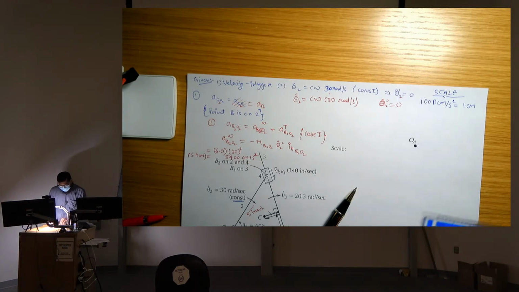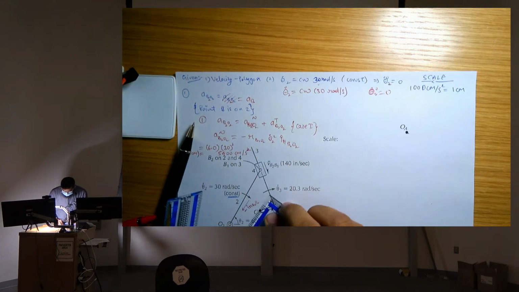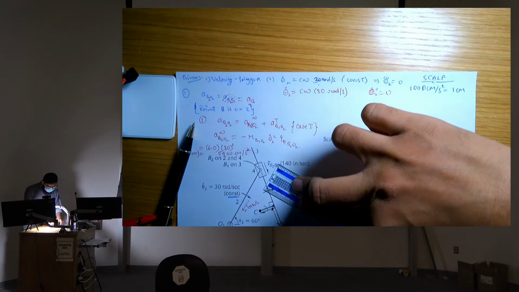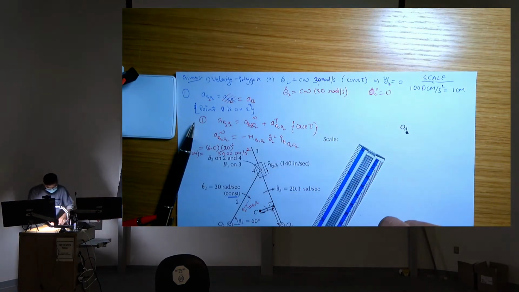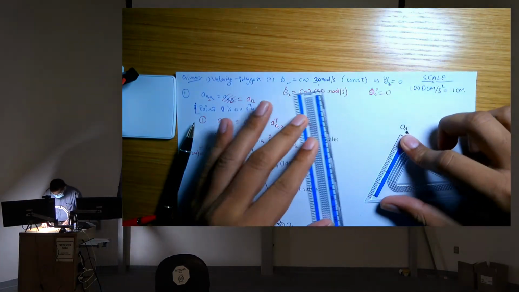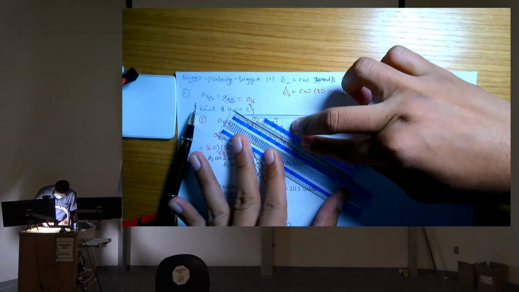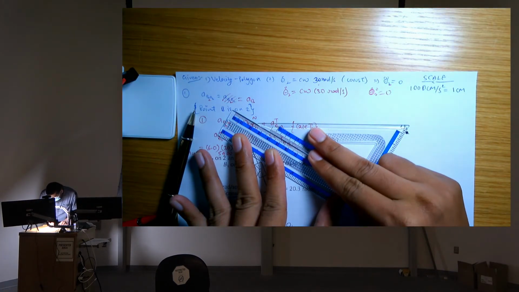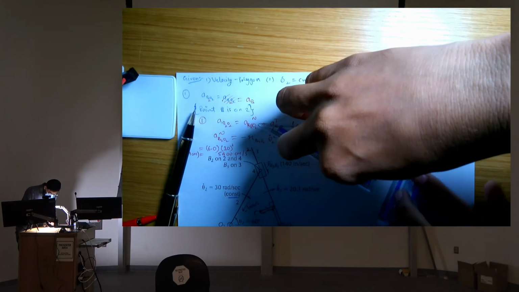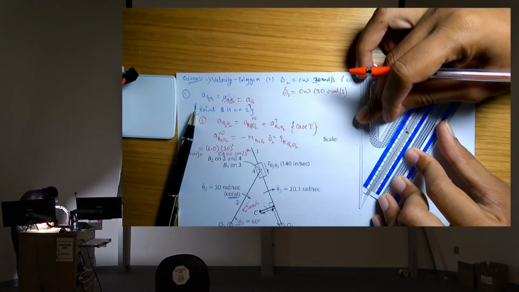Again, we'll just take the parallel lines, it's an easy thing to do. We know how much it is, so this is 5.4.